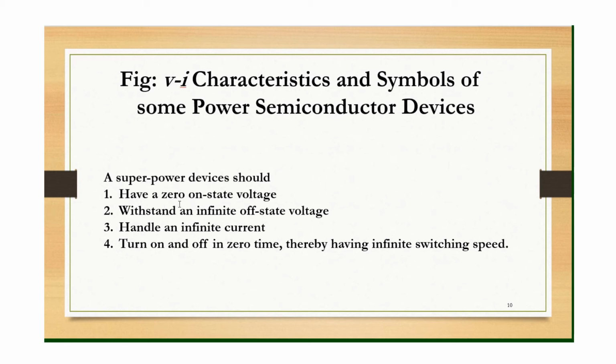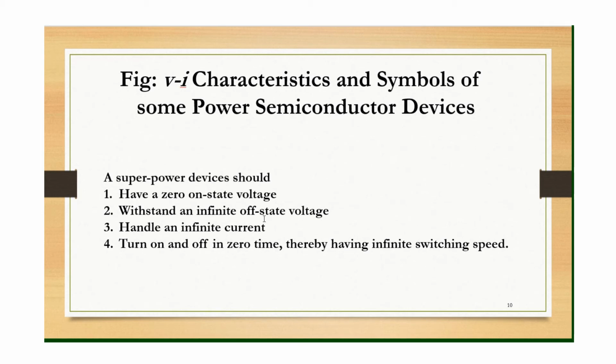That is, have a zero on-state voltage. That is, when it is conducting, there should be zero voltage across it, and it should withstand an infinite off-state voltage. It should be able to handle infinite current, which means when it is conducting, it should be able to allow infinite current.